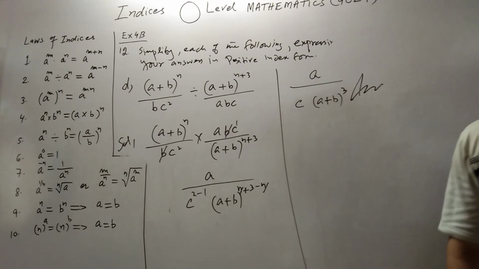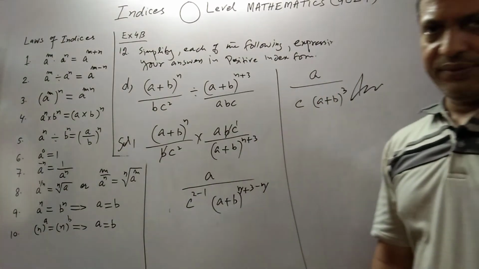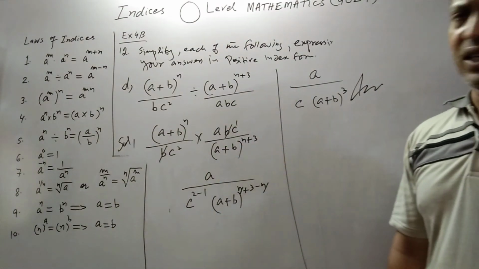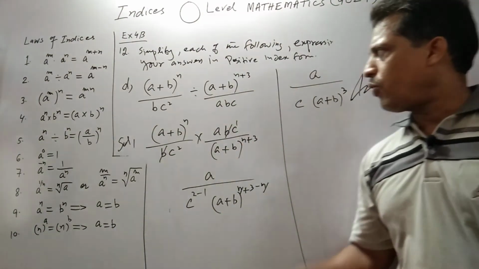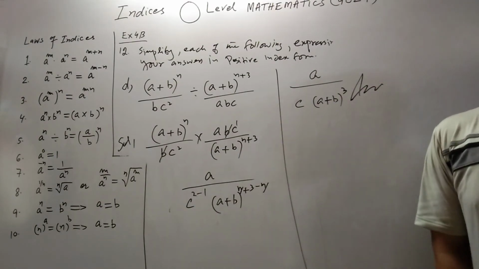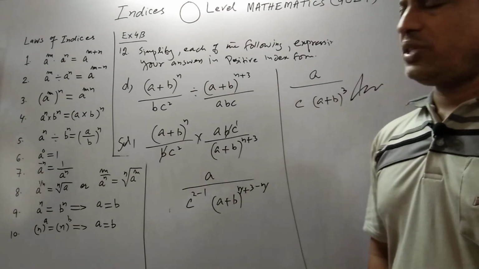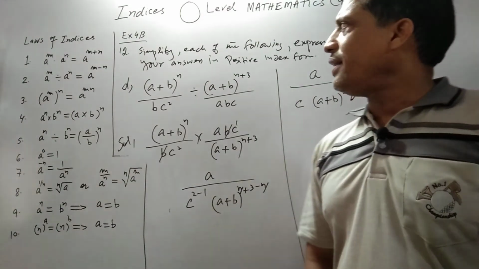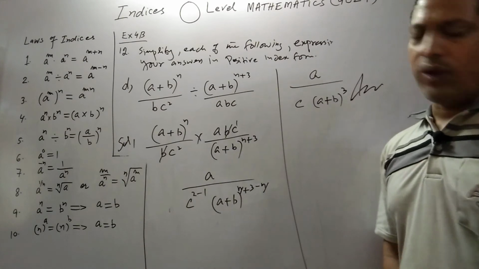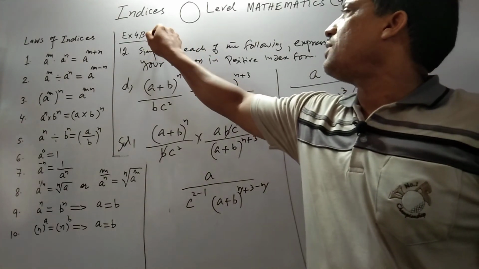positive 3. Now, question number 12 had only 4 parts, and I have done all 4 parts of question number 12. The topic indices has finished. There is no exercise for this in question 12 in this book, 7th edition.